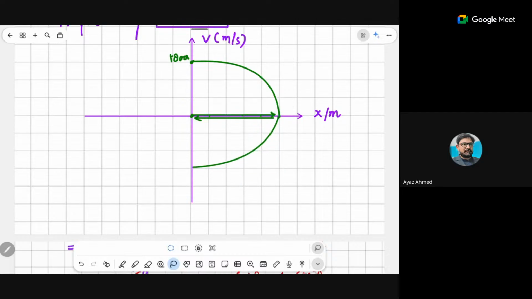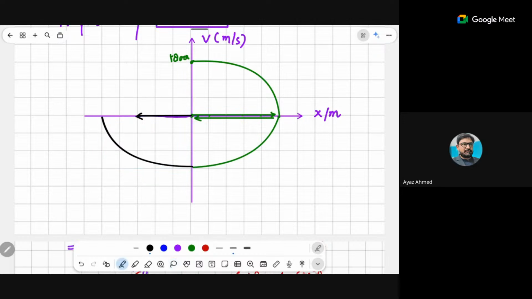This way. Now the object will move in the opposite direction. So if the object is moving away from the main position, again velocity will decrease and reach zero at the extreme position.